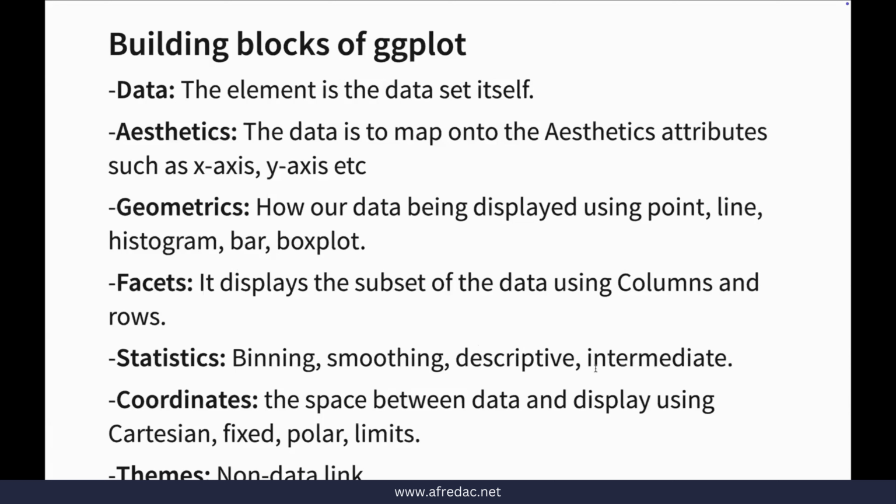Those others, like the descriptive and intermediate, are also covered in other kinds of plots. We also discussed coordinates, though in today's session I will be covering how to actually use coordinates and themes when you are doing visualization using ggplot.